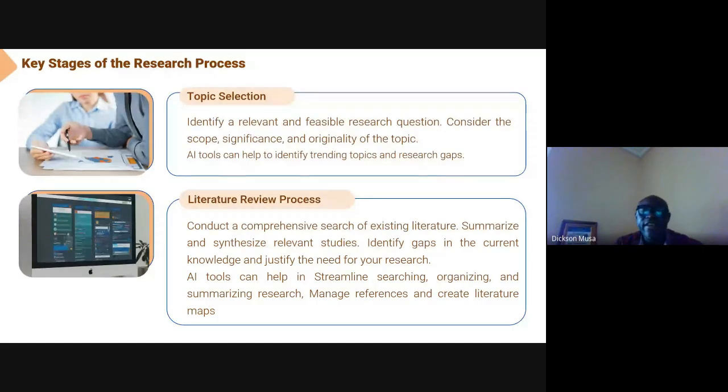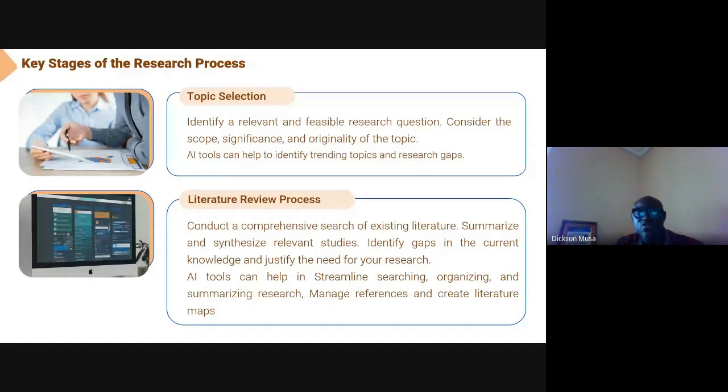Also, the literature review process is a very important research stage. In literature review, you are supposed to conduct a comprehensive search of existing literature. When I say comprehensive, I mean comprehensive. You look at all the relevant materials that have been published in that area of research, all. Then you summarize and synthesize the relevant studies, you identify gaps in the current knowledge, then you justify the need for your research.